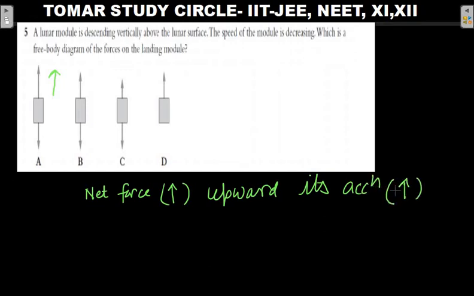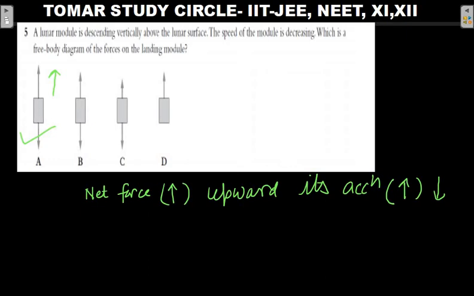If acceleration is upward and velocity is downward, the acceleration decreases the velocity or speed, hence the module will be descending with a decreasing speed. The correct option is option A.